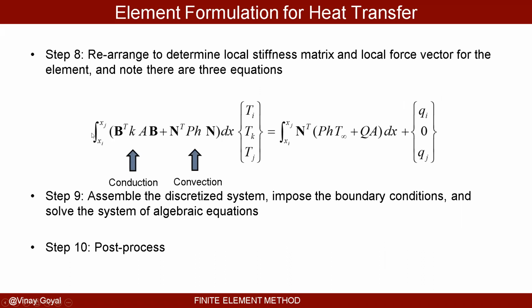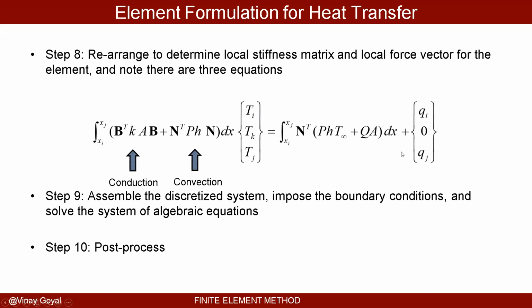So now I have the conductivity and convection stiffness matrix. It's not a stiffness matrix in the usual sense, but it is a stiffness matrix for heat transfer problems. So now I have the conduction convection matrix to the left, times Ti, Tk, Tj, which are the unknowns at the nodes. Everything else goes on the right.